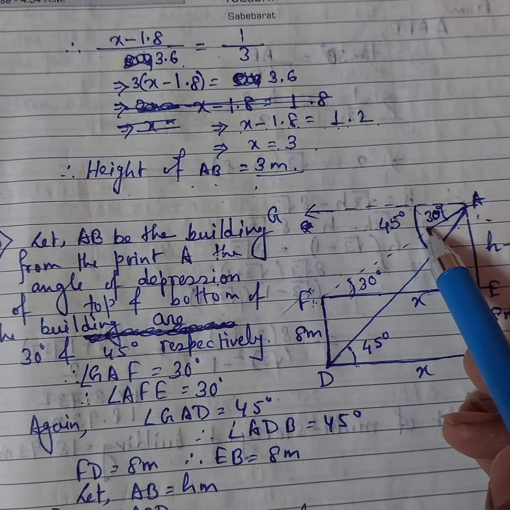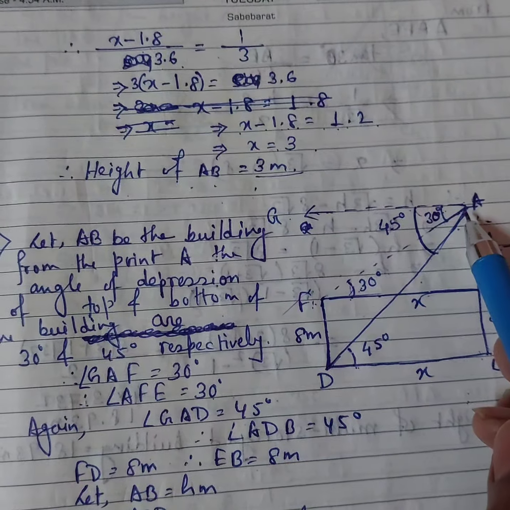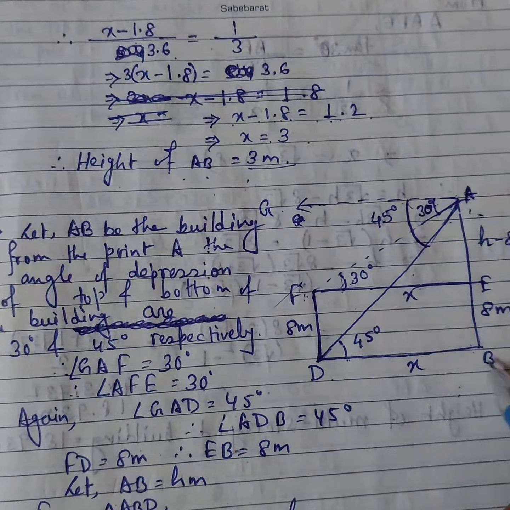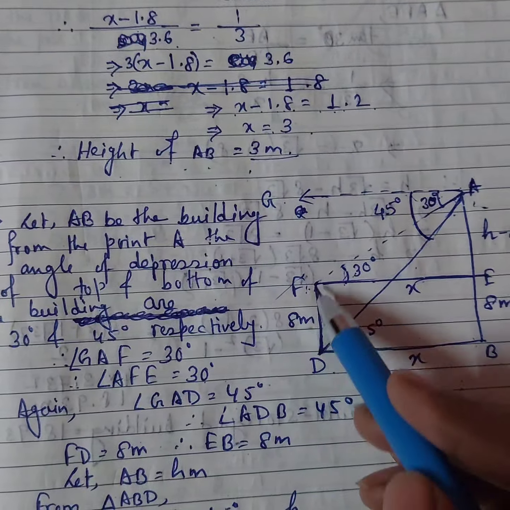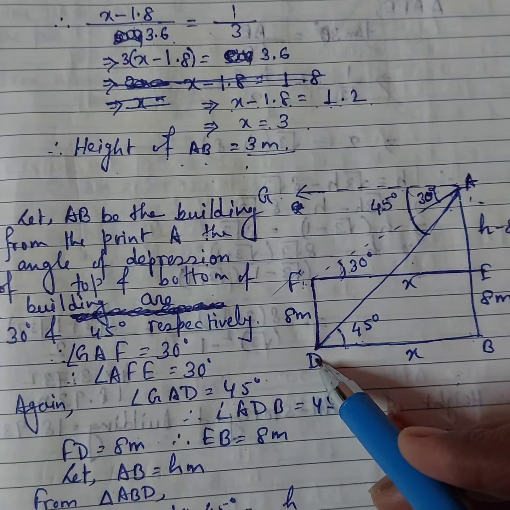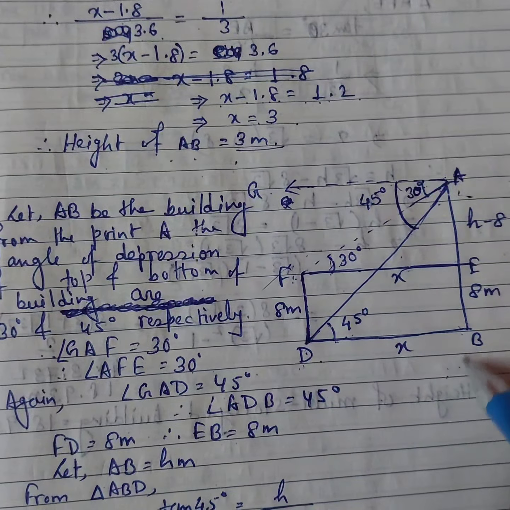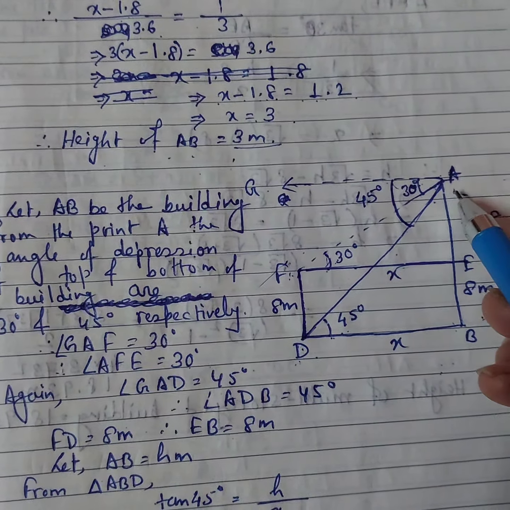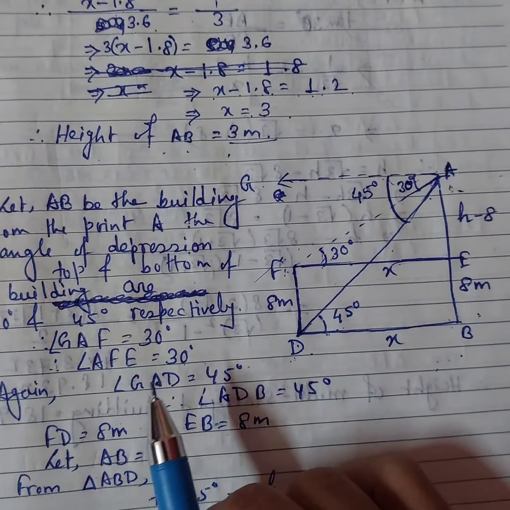Again, angle GAD is 45 degree. Therefore, angle ADB is also 45 degree. Now, the height of the building is FD, that is 8 meter. So FD is 8 meter means EB is also 8 meter. Now, let AB, the height of the multi-storied building, be h.